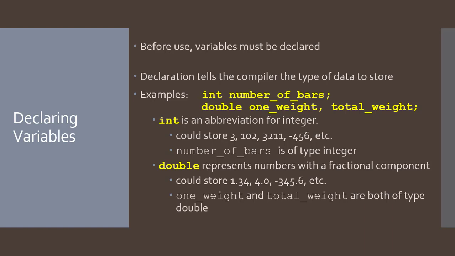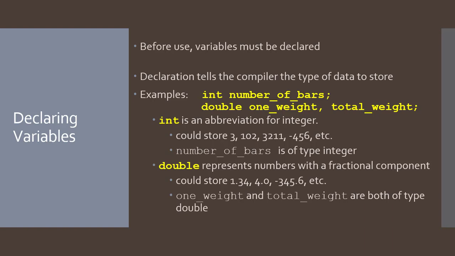In the first two yellow lines you see here, we've got some variable declarations. These come from your textbook, from your author, who has an example of a program where you enter how many candy bars there are in a package, and you enter the weight of one candy bar, and then it calculates what the total weight is of the whole package.